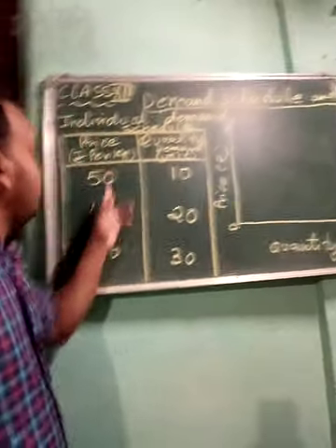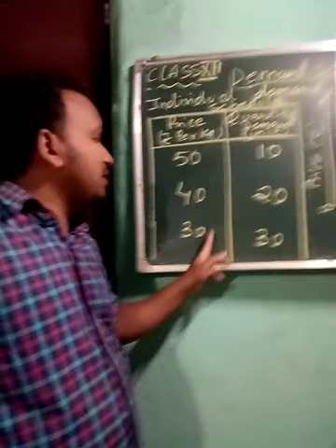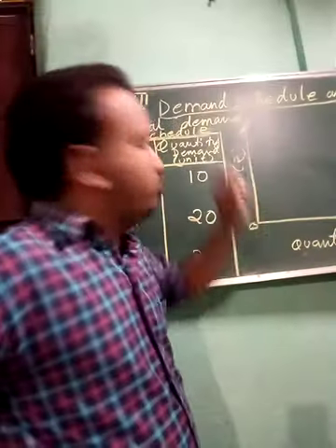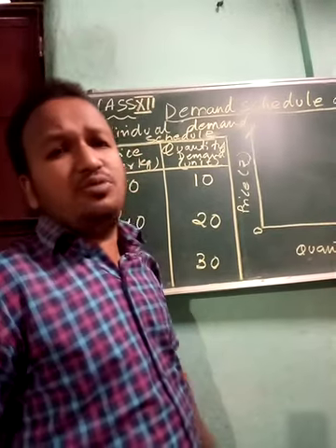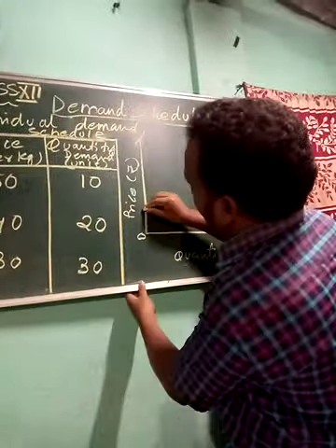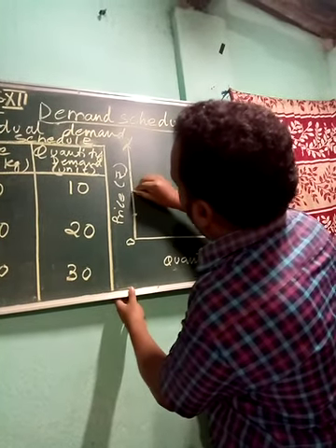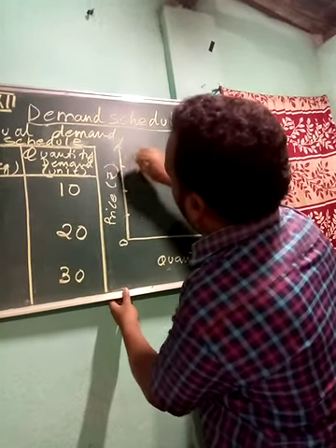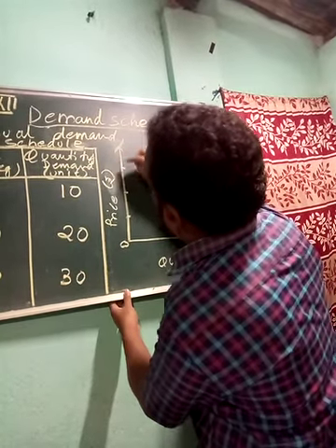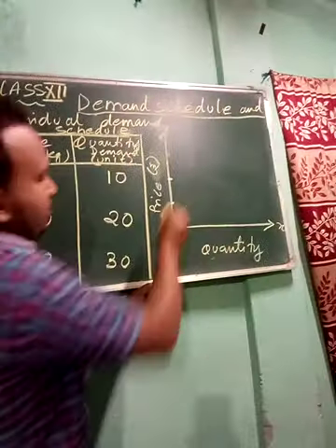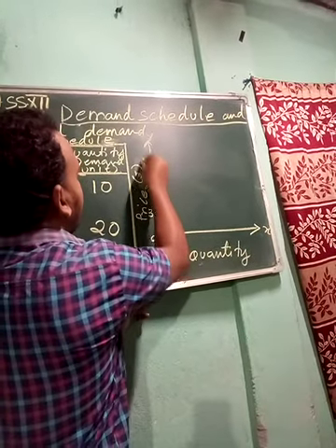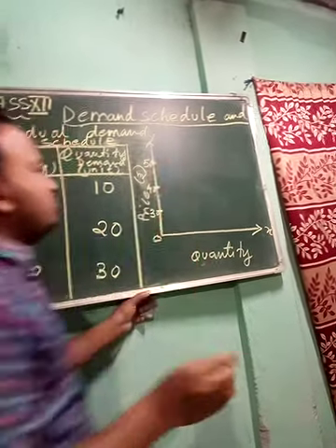Now you see here I have taken three prices, that is 30, 40 and 50. You can take them at equal distance.